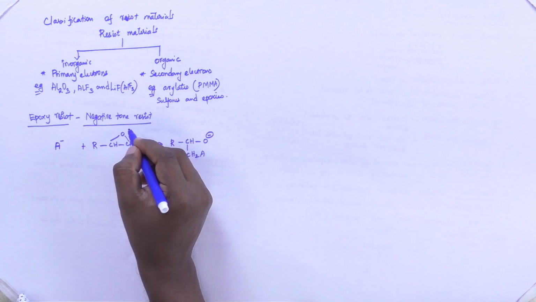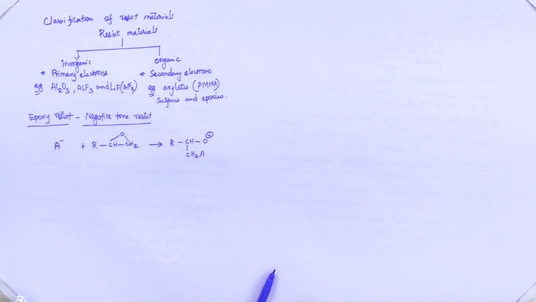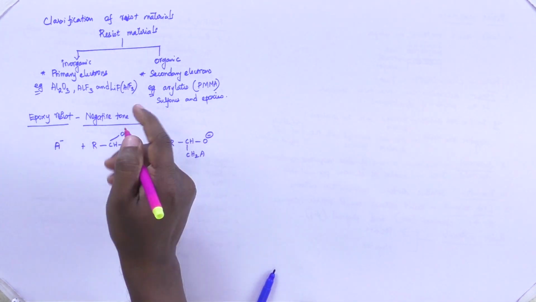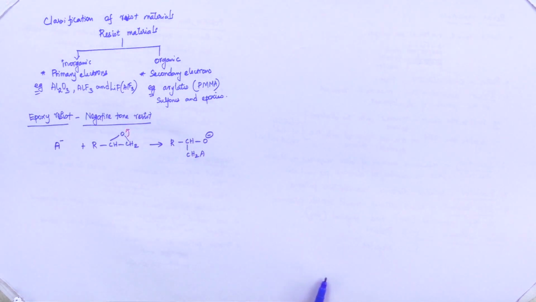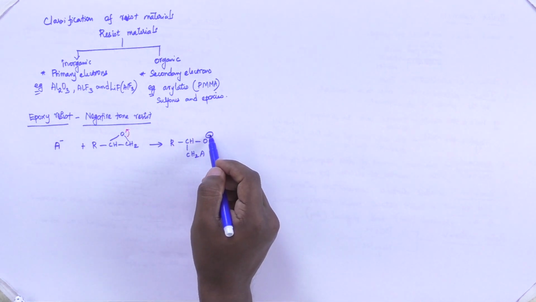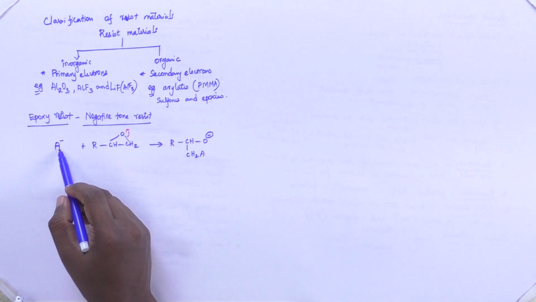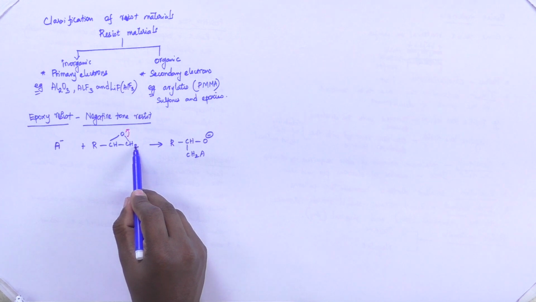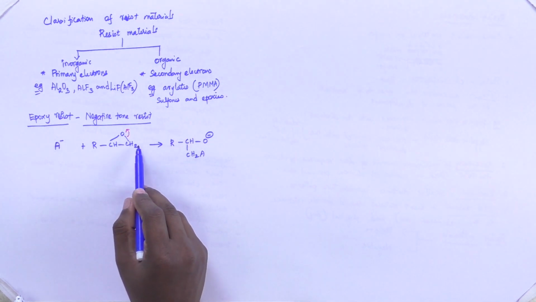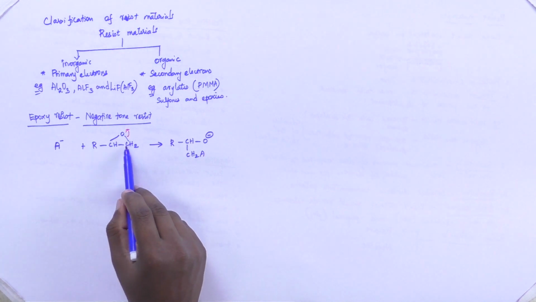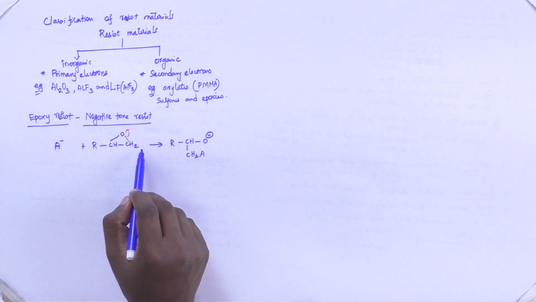This bond goes on top of O minus, maybe let me change the color. As a result, it gains that negative, and then this negative will join to the CH2, I mean the carbon of the broken bond, because this will become positive, so it will obviously join with the negative.